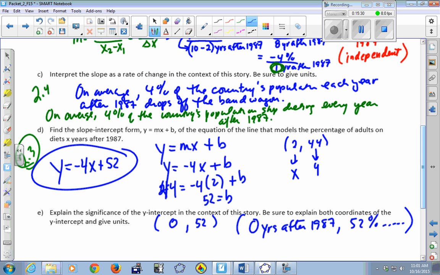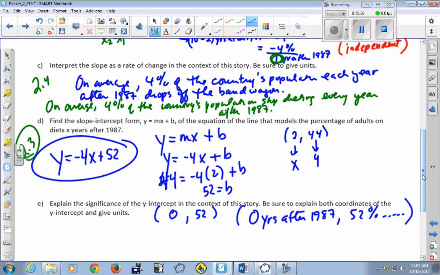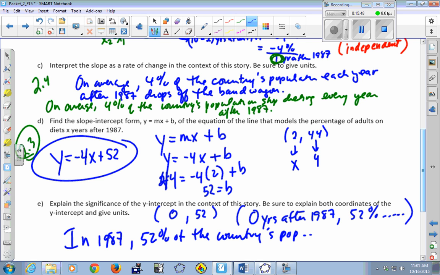So someone other than Josh, and who gave me the other one? I forgot. Carlton, you want to do this one? In 1987, 52% of the country's population was on a weight loss diet, right? Perfect. Okay, no problem.